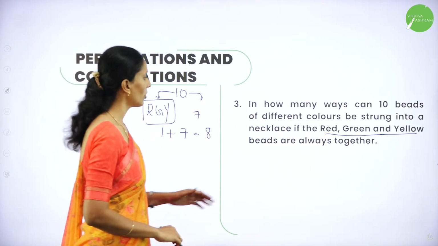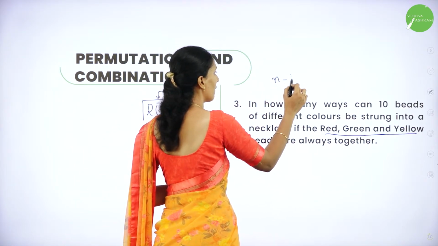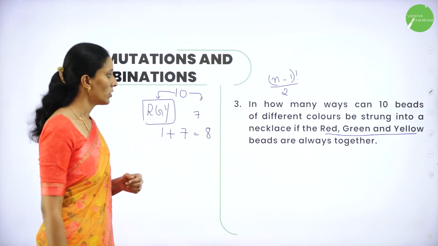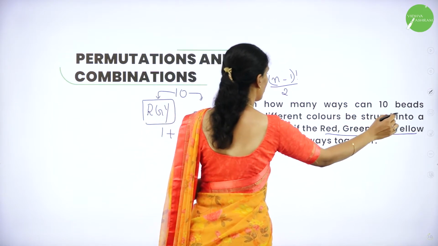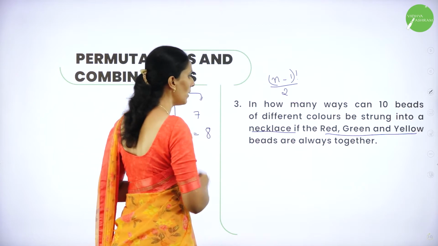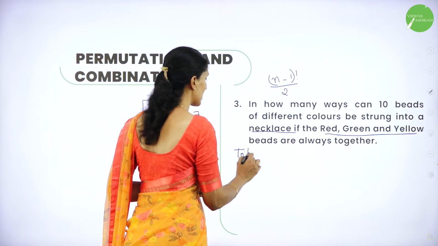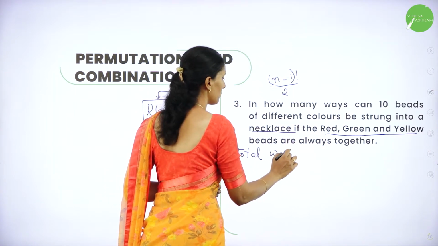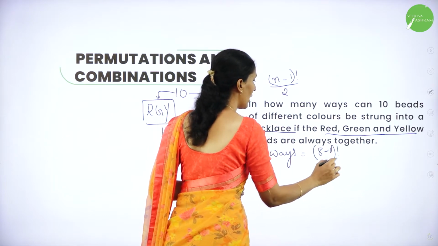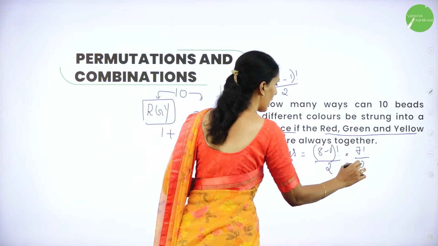So how can they be arranged? We know the formula, (n-1) factorial divided by 2, in case of a necklace. So the total number of arrangements will be 8 minus 1 factorial divided by 2, that is 7 factorial divided by 2.